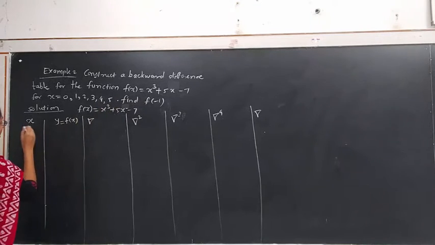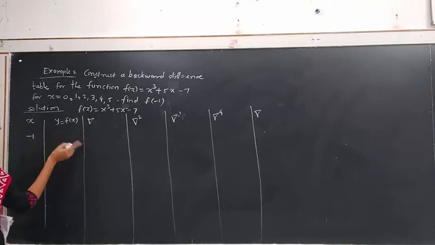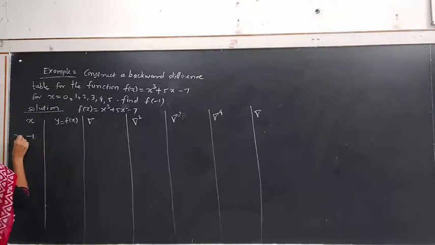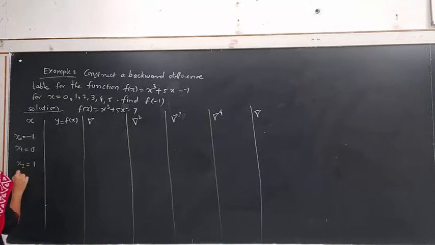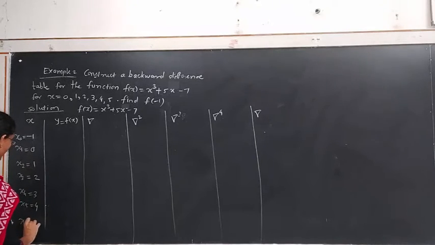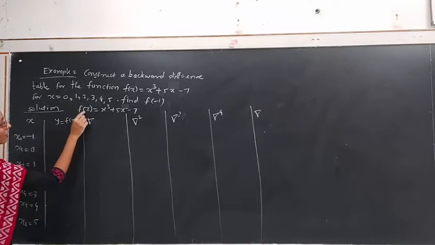So we take the initial value of x as minus 1, which lies at a distance 1 from 0. x0 is minus 1, x1 is 0, x2 value is 1, x3 is equal to 2, x5 is equal to 4 and x6 is equal to 5.